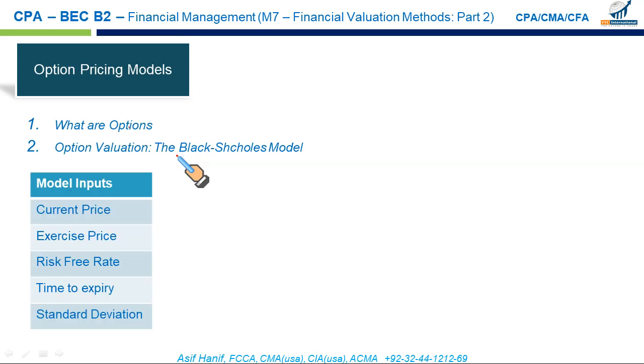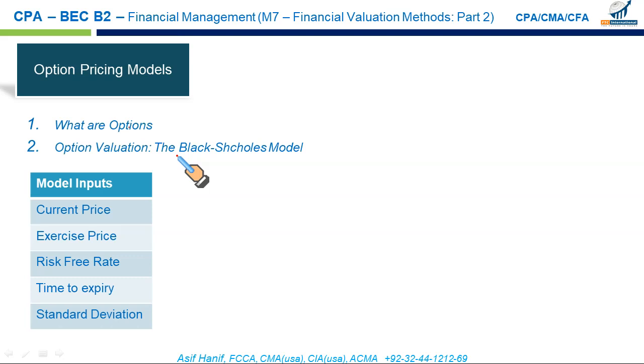The Black-Scholes model is considered to be one of the most complex valuation models for option calculations. Those who developed this model, Black and Scholes, were professors in a university. They were awarded the Nobel Prize for this model, which is considered to be the highest prize for any human endeavor.